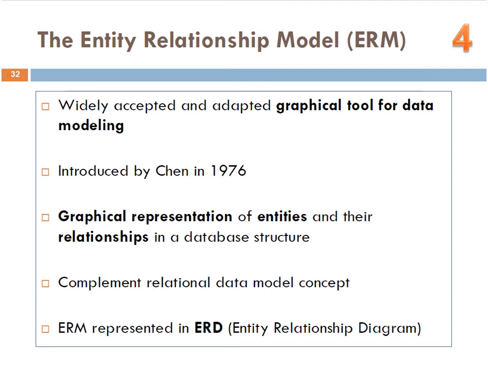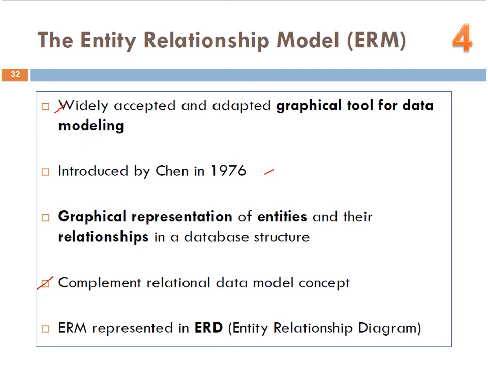In 1976, the entity relationship model was introduced by Chen, and it is widely accepted because it adapted graphical tools for data modeling. It became popular because it complemented the relational data model concepts.